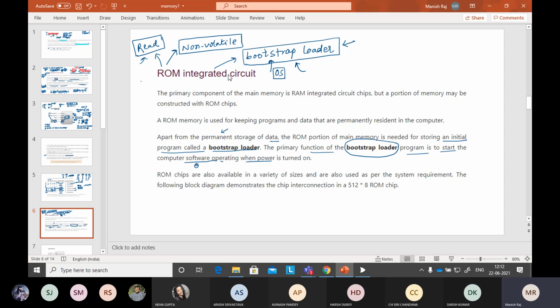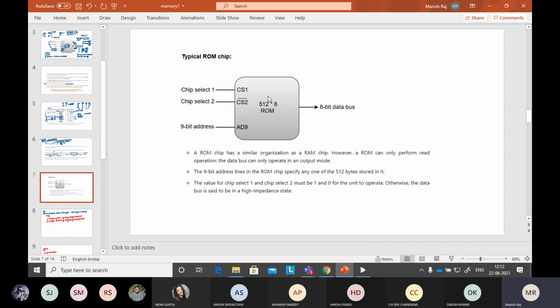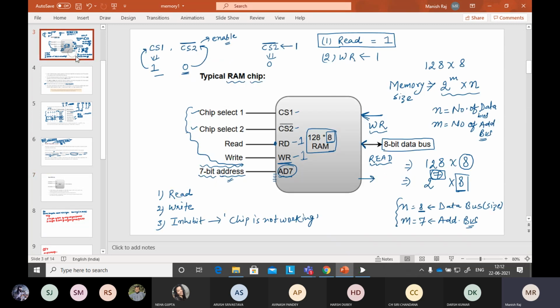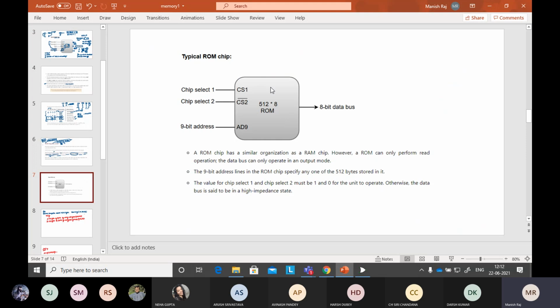So now again we are going for the structure part. In the last part you can see there are 5 types of signals, and the size of this. For the same size, again for selecting the chip you will use this type of mechanism.